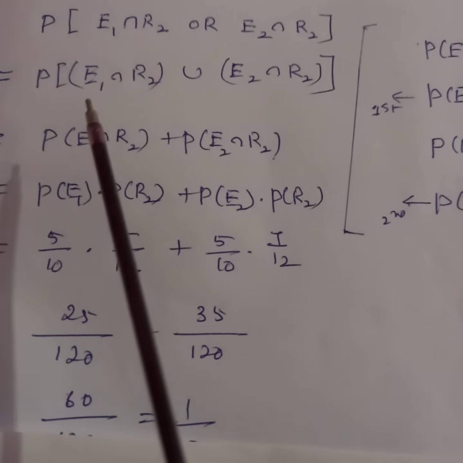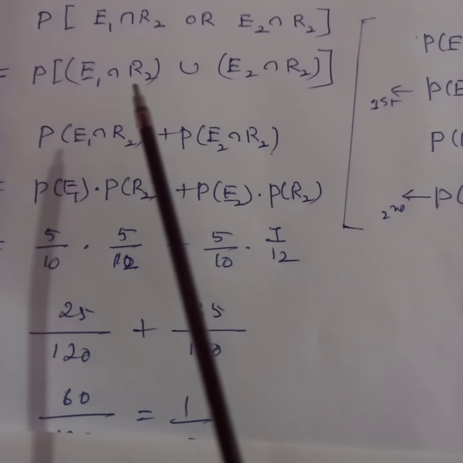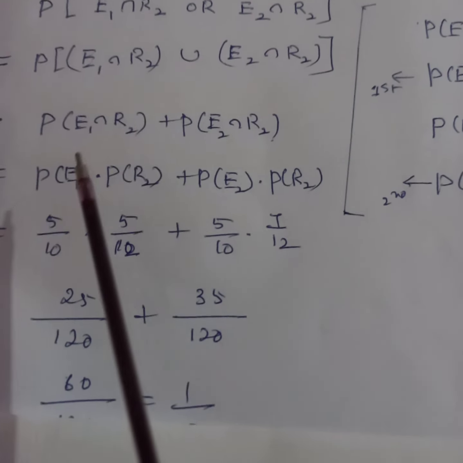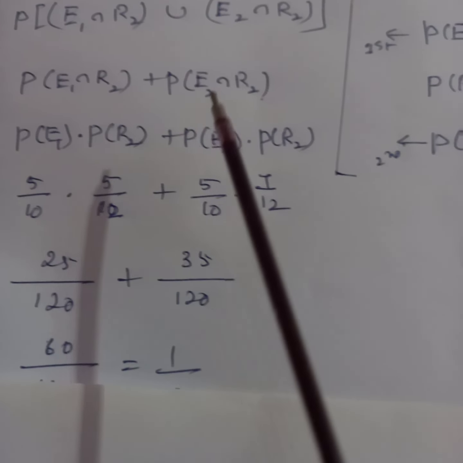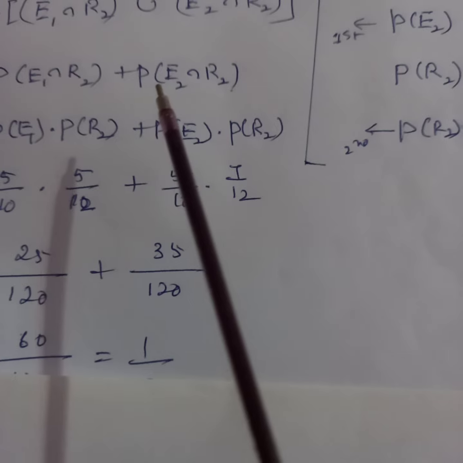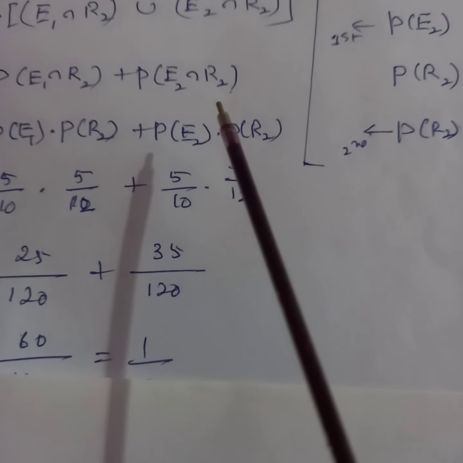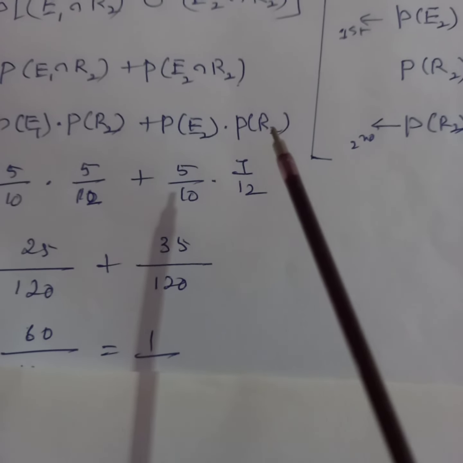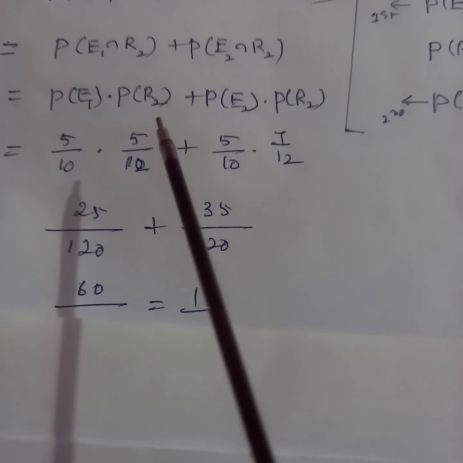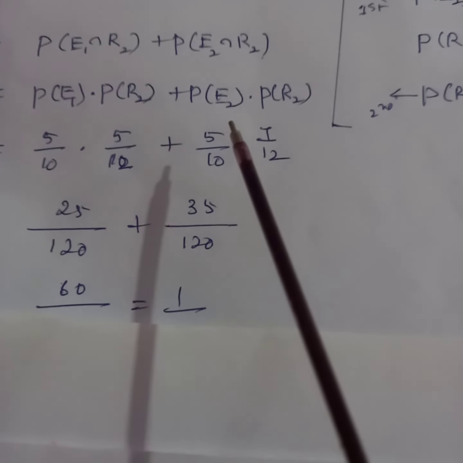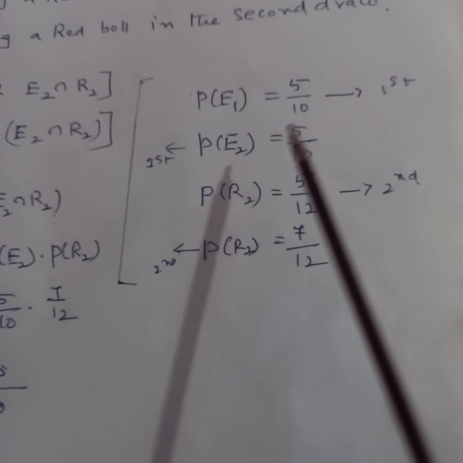Now, P(E1 intersection R2) is P(E1) into P(R2). And here, P(E2 intersection R2) is P(E2) into P(R2). And we put the values of P(E1), P(R2), P(E2), P(R2). All are here.